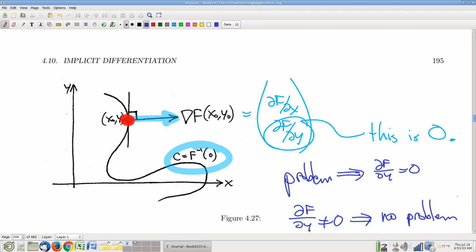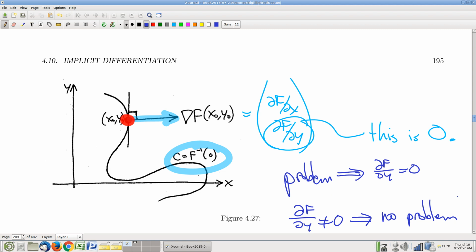Is everybody comfortable with this contrapositive argument? If P implies Q, then not Q. Well, let's think about that. Wait a second. If Q is not true, how could P be true? If P were true, Q would have to be true. So if Q is not true, there's no way P could be true. Everybody see what I'm talking about there? So not Q implies not P.